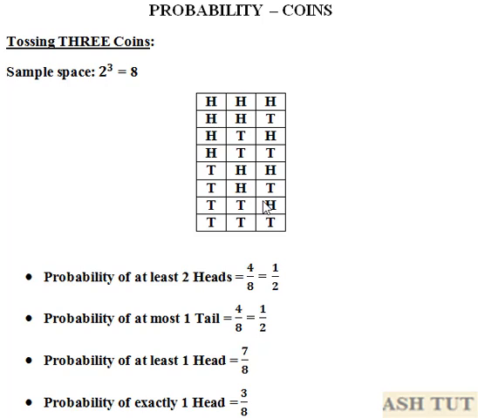But here we have no head, so we will not take that. But there is this one set, head tail tail, where there is also one head. So three such sets are there in which there is only one head. So the answer is 3 by 8.